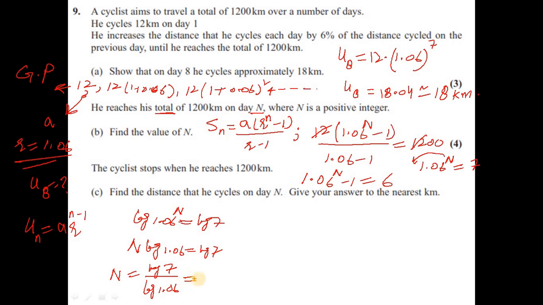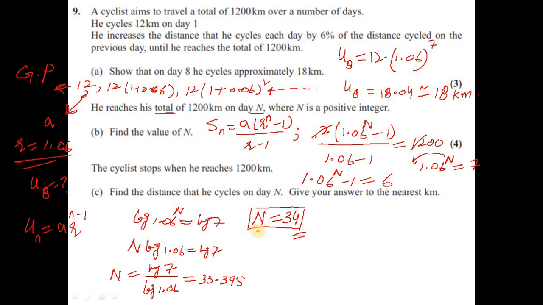That means n is equal to 33.395. That means it should be more than 33 days. So n is equal to 34. Just a little bit more than 33, not the whole day of the 34th, but n is 34. On the 34th day he will cover the total of 1200 kilometer.